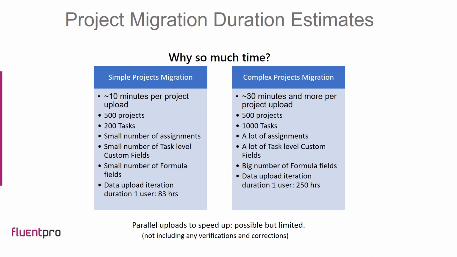But you can see the difference between simple projects and complex projects. For example, if you have 500 projects with 1,000 tasks on average, and each task has a lot of assignments and a lot of task-level custom fields, especially using formulas, the upload time can increase to up to 30 minutes. In some of the migrations we saw even longer upload times, up to an hour, like a large master project that includes 10 or even more sub-projects with a large number of assignments.